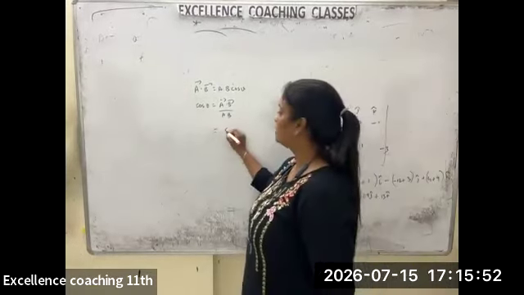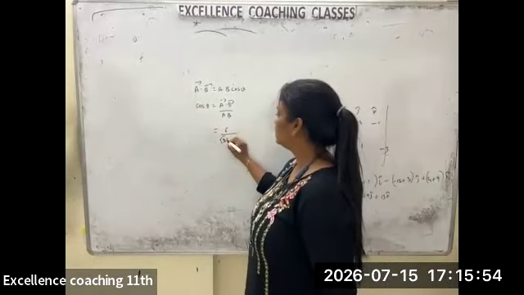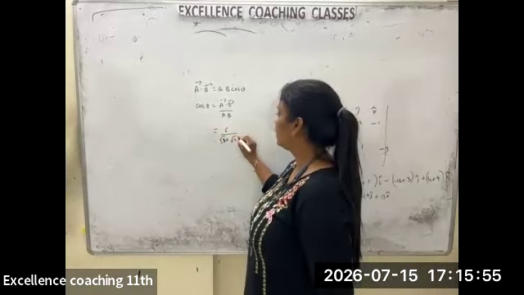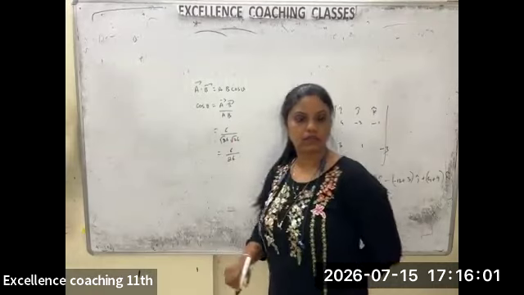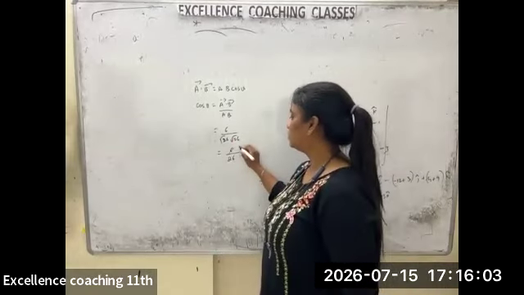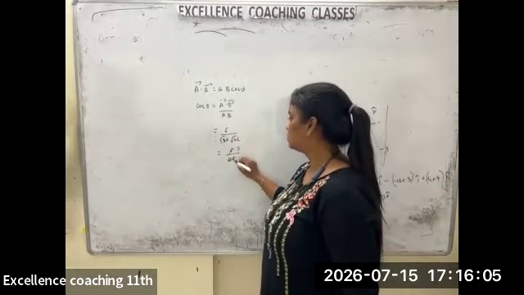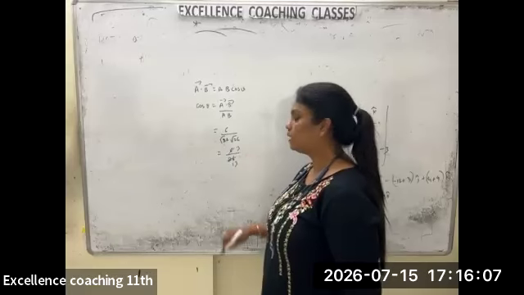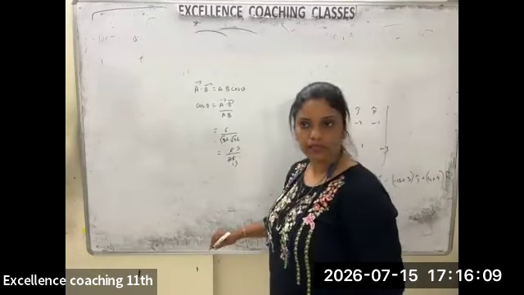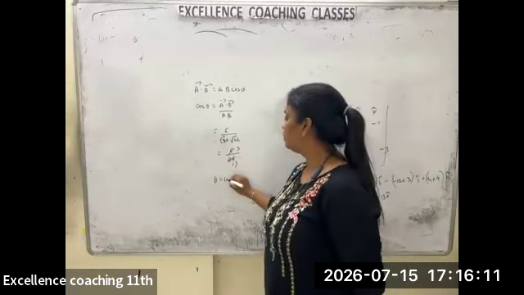So you are getting 6 here, and root 26 into root 26 will be 26. 6 by 26 is 3 by 13. So theta will be cos inverse of 3 by 13. Next question.